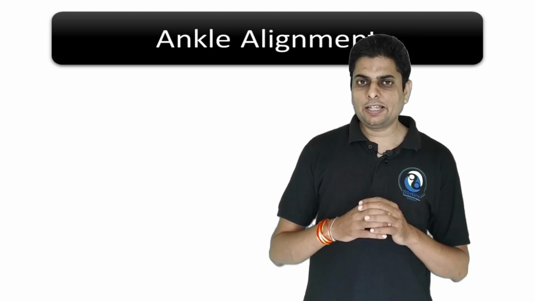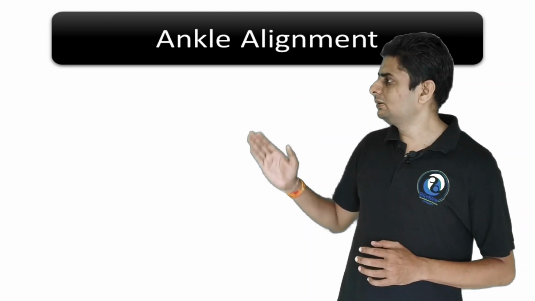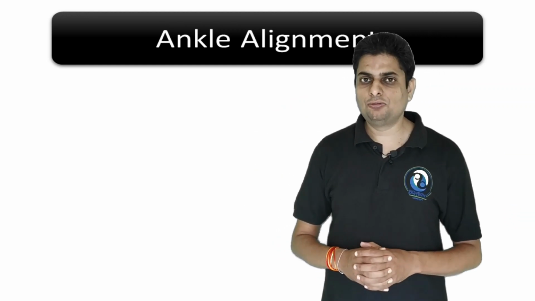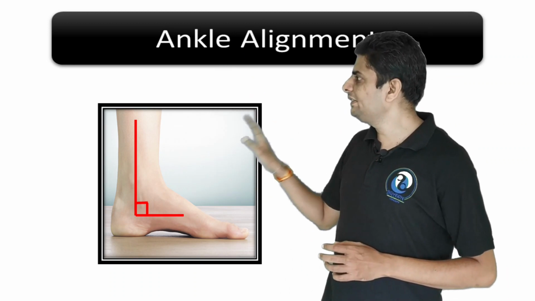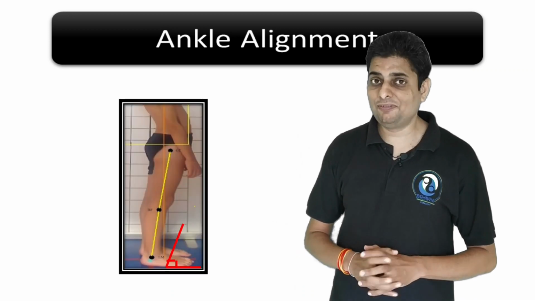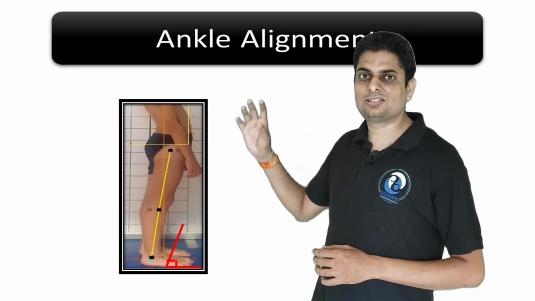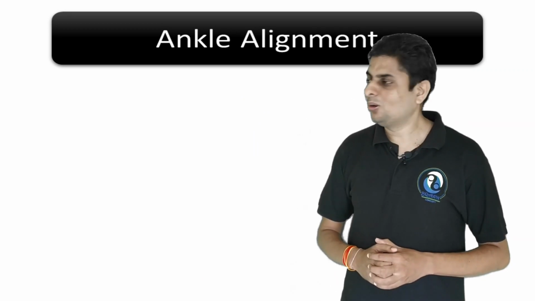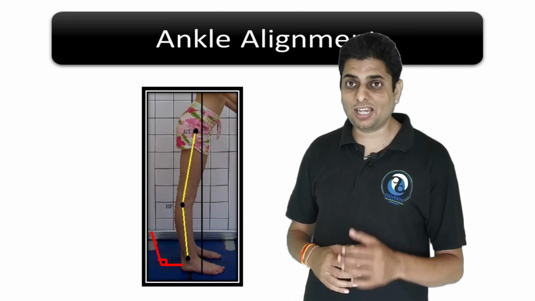For assessing alignment of the ankle, we take the angle between the foot and tibia, and it should be 90 degrees for a good posture. If it is less than 90 degrees, you can say it is a dorsiflexed ankle, or if it is more than 90 degrees, a plantar flexed ankle.